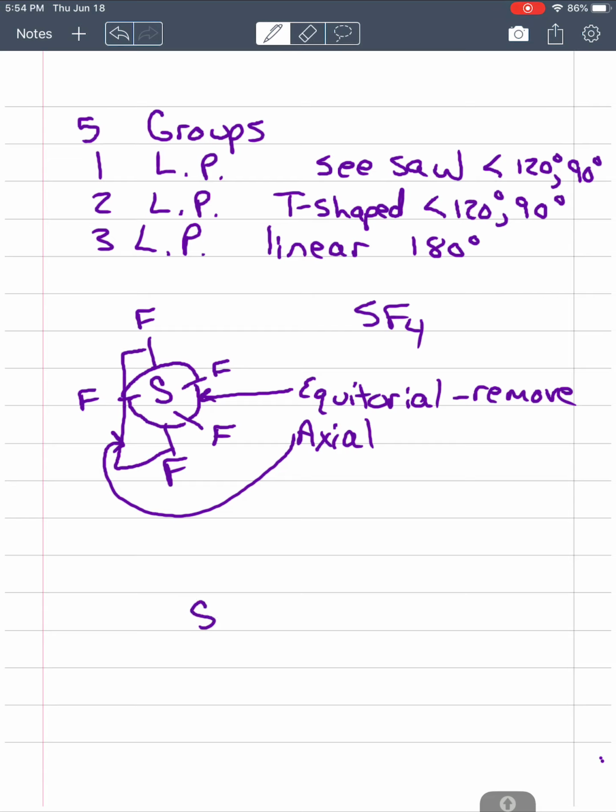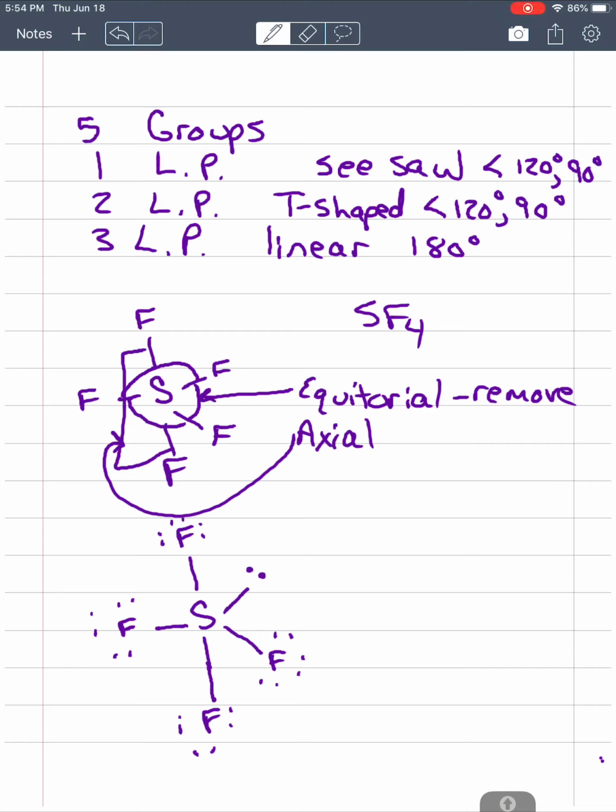So SF4 is actually like that. So that's where we know to put the lone pairs in an equatorial place.